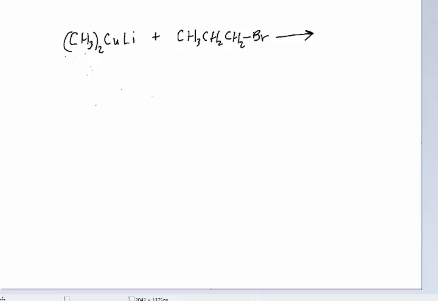When your task is to figure out the product of a reaction, avoid trying to consult memory banks. Learning organic chemistry is not about memorizing reactions. Rather, the idea is to examine the reactants and determine the category of the reaction.